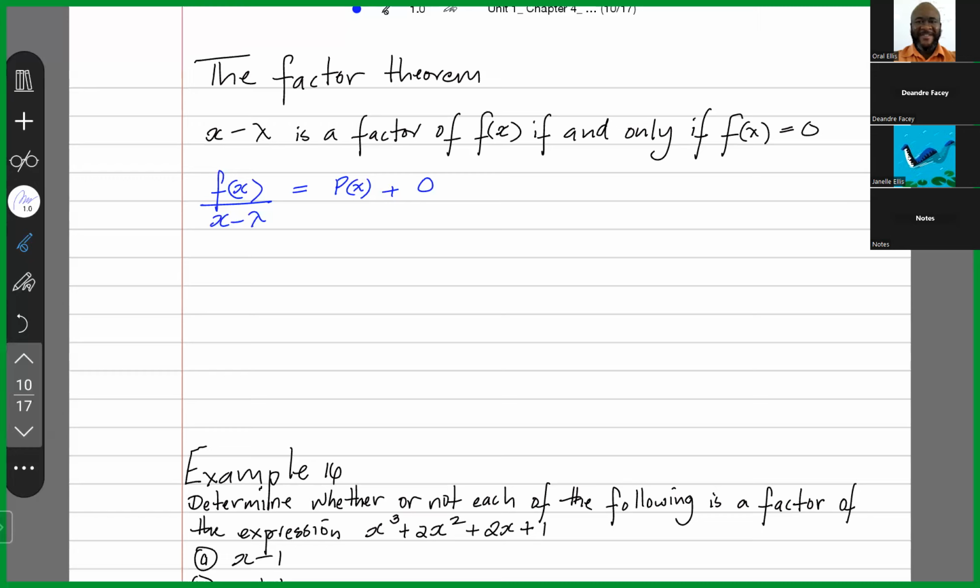All right, so let's check this out. If I multiply the entire equation by x minus lambda, I'm going to get f of x is equal to p of x times x minus lambda.